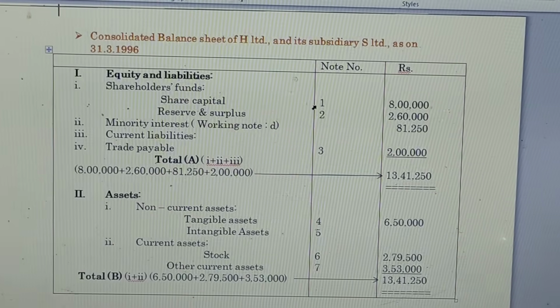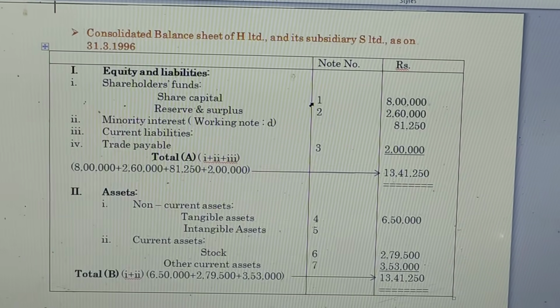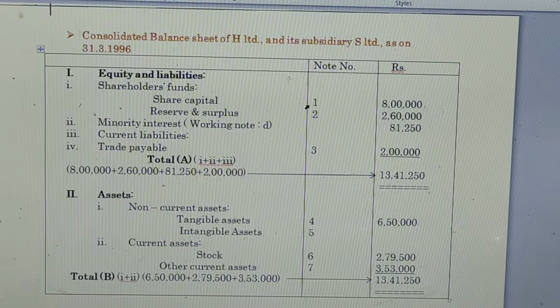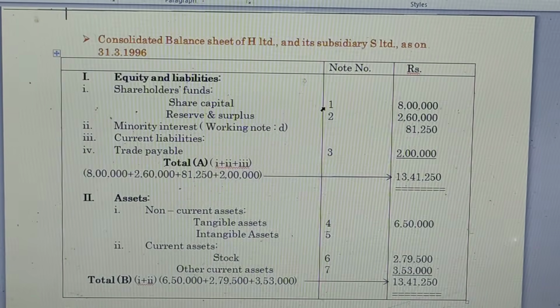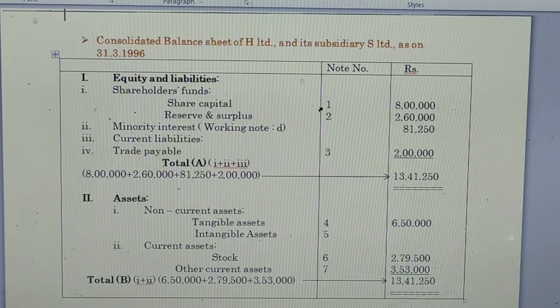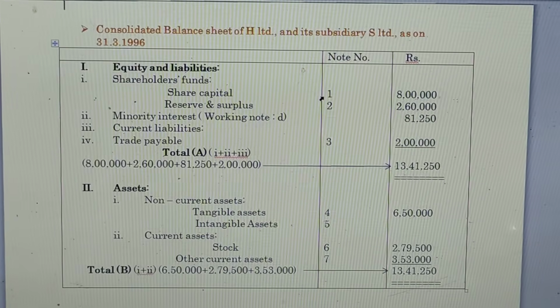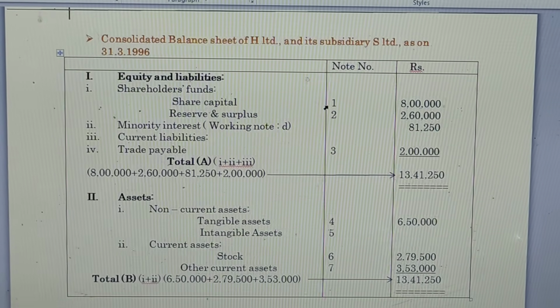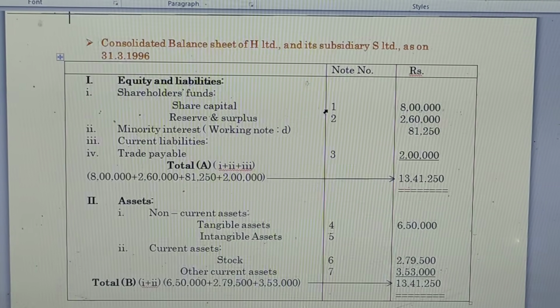Reserve and surplus is note number 2 heading. Number 2 will be mentioned in the note number column. Note number 2 total is 2,60,000, which we mention in the rupees column. And minority interest, the working note 4 or D, the amount is rupees 81,250, which we have already calculated.